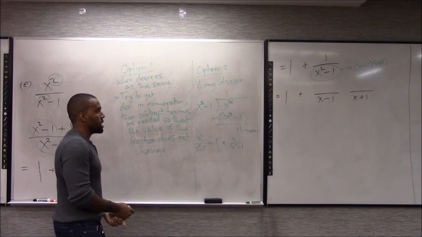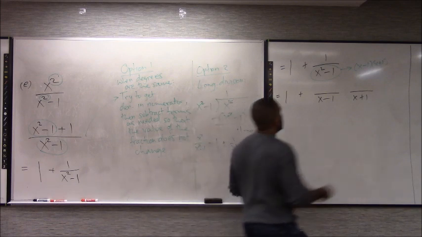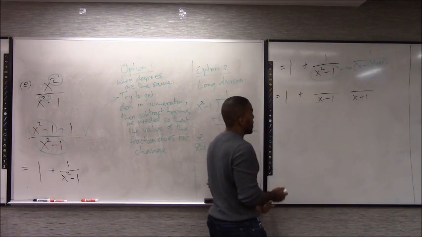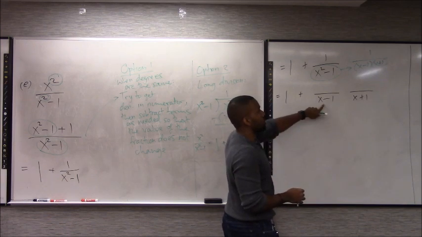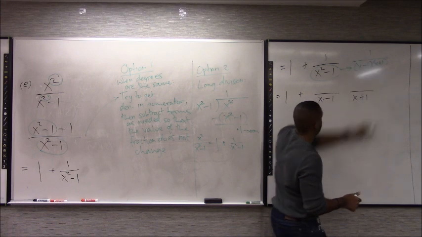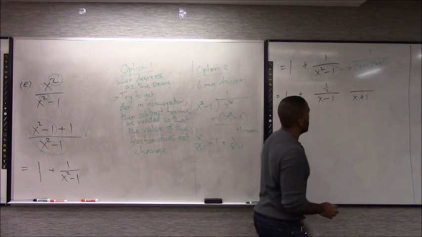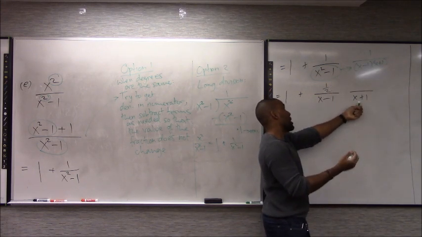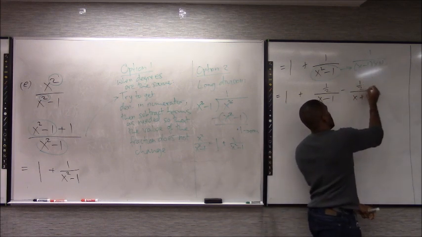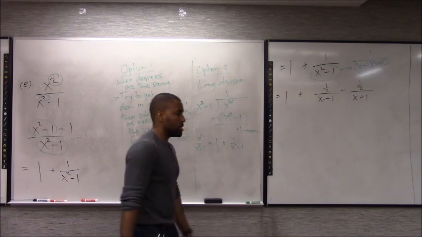So you can do this kind of cover-up method. And so, figure out what makes the denominator here 0. 1 does that. Cover it up, plug in 1, you would get a half. What makes this 0? x equals minus 1. Cover that up, plug in minus 1, you'll get minus a half. And that's actually the partial fraction that's equal.